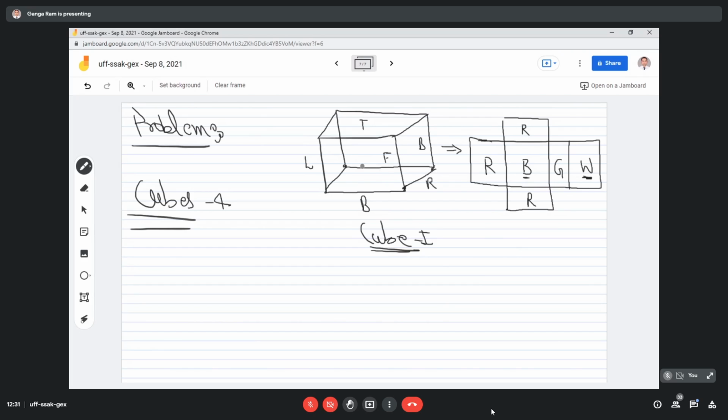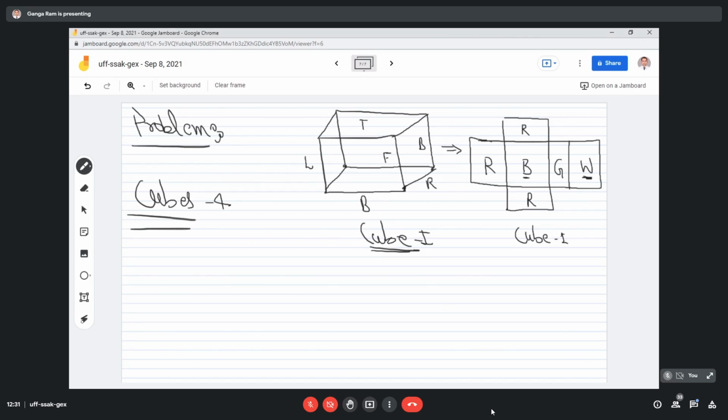Suppose these are the faces denoted by R and G. Now, is it okay? This is cube 1. Are you getting my point?